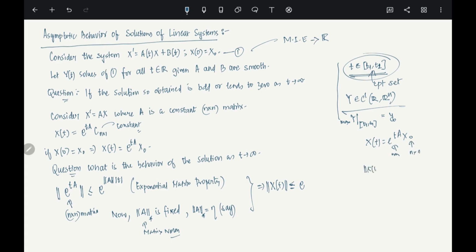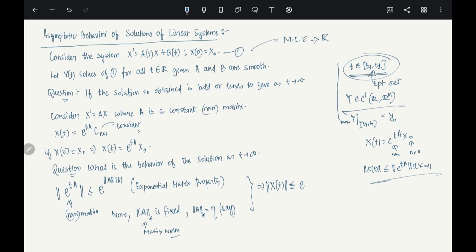So the norm of x(t) is always dominated by the norm of e^{tA} times the norm of x naught. We proved this, it is kind of Cauchy-Schwarz, when we looked at the properties of matrices. It is very easy to prove, so please do it yourself if you are not convinced. We did it in one of the videos when we talked about the exponential.